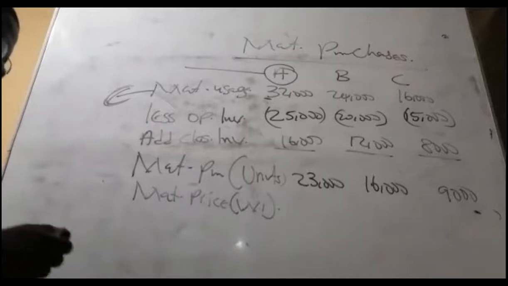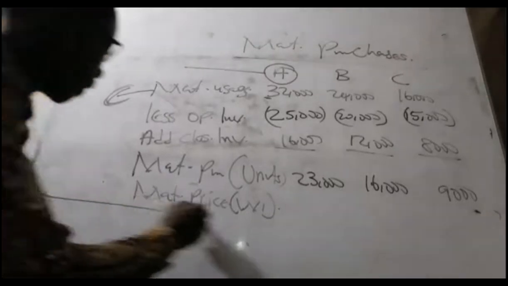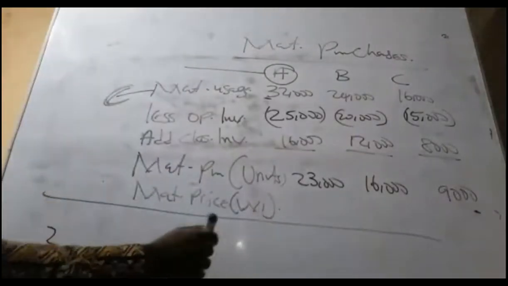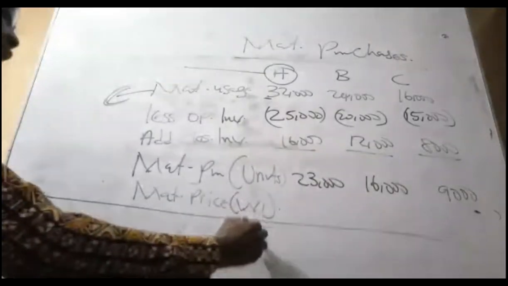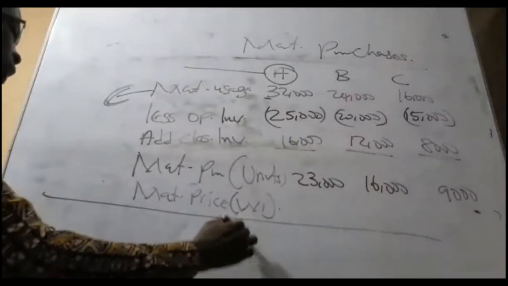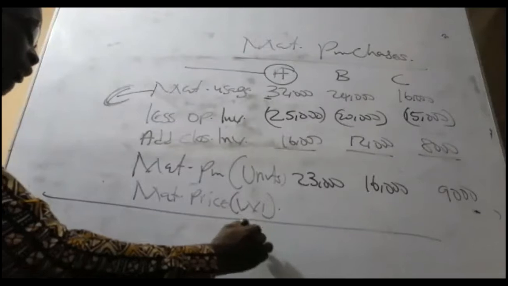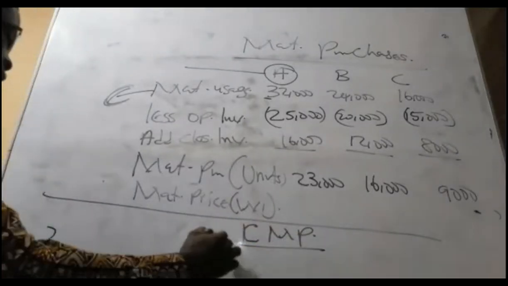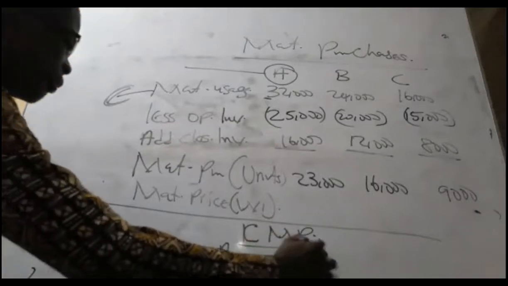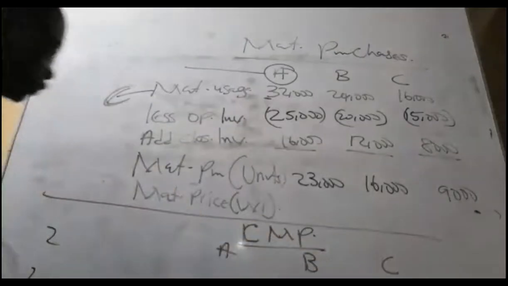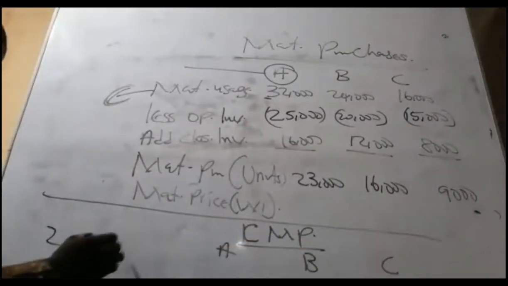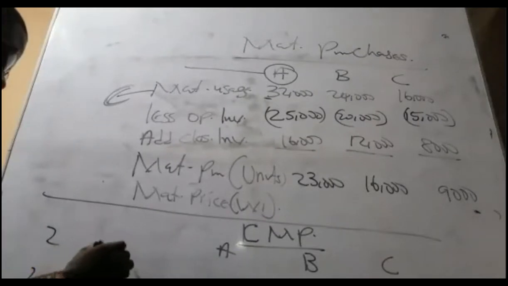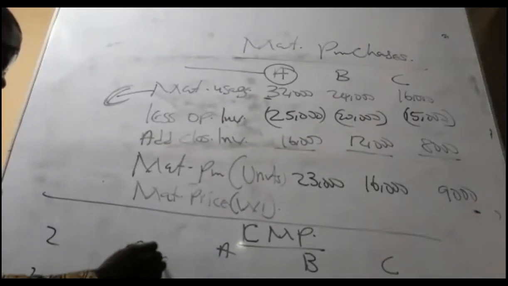Okay, so let's do that working somewhere here. I'll bring it back. So together, current prices. So you are calculating the current material prices. So current material price, A, B, and then C. So previous price, so the price that they are charging.